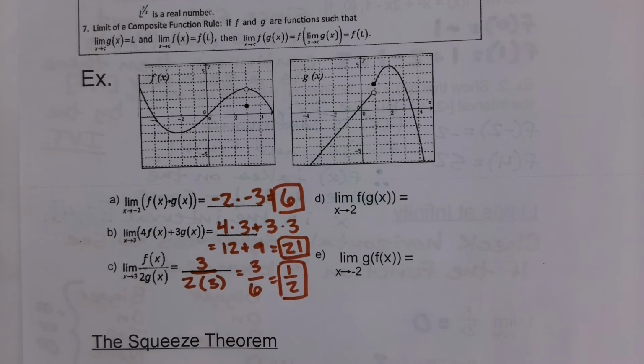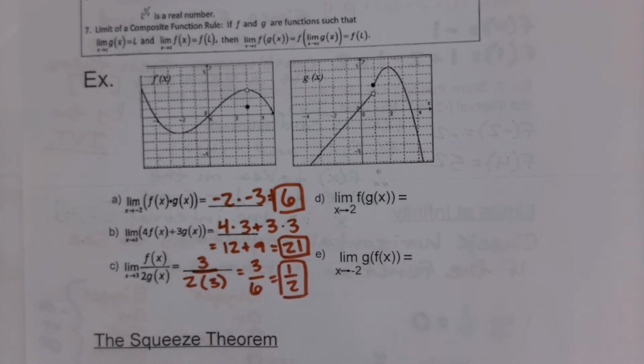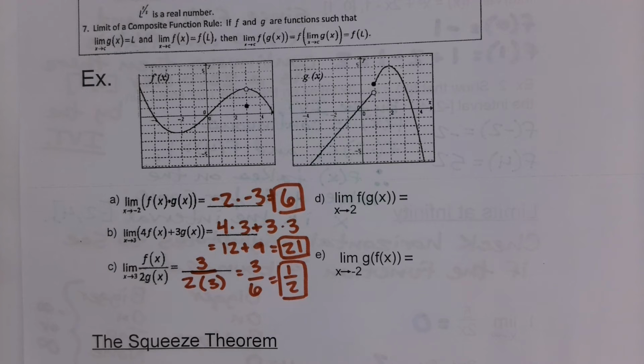Okay, so on C, can we confirm or deny a 1/2? So, questions on A through C? Okay, so finding them individually, really just plugging it in.